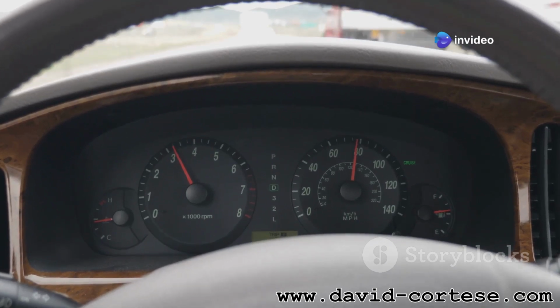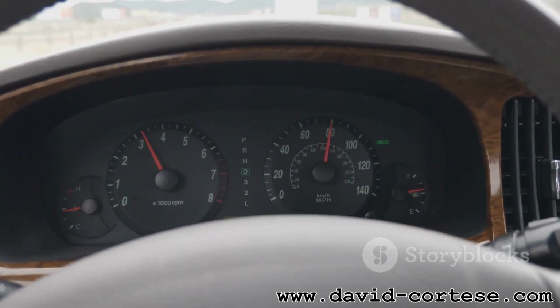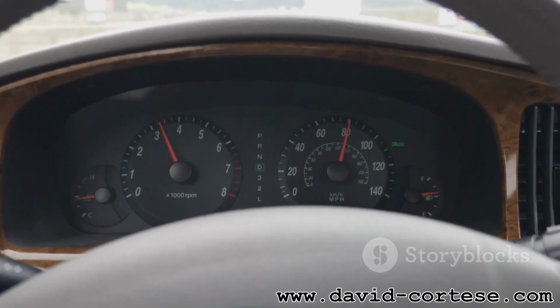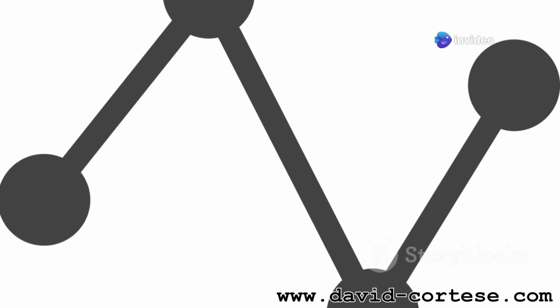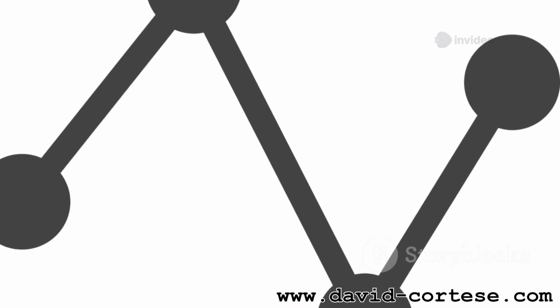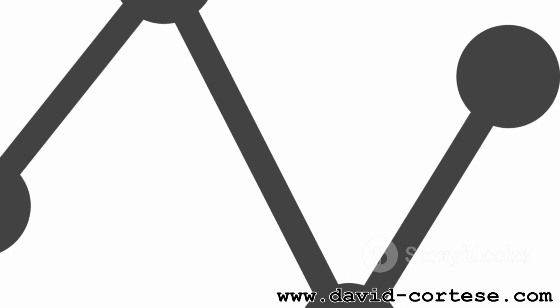For example, if you know the velocity of a car at every moment in time, integration can tell you the total distance it has traveled. Geometrically, one of the most common interpretations of a definite integral is the area under the curve of a function. Imagine you have a graph of a function, say f(x), between 2 points a and b on the x-axis.